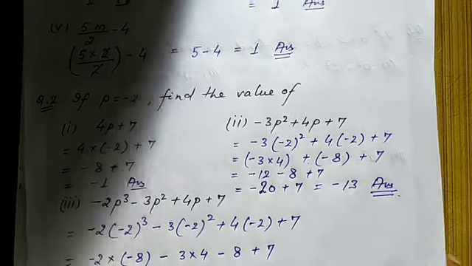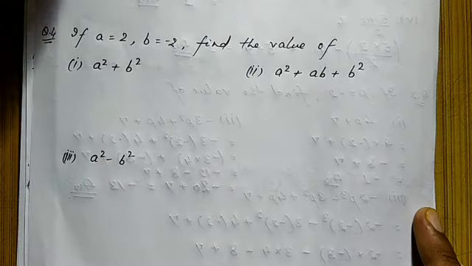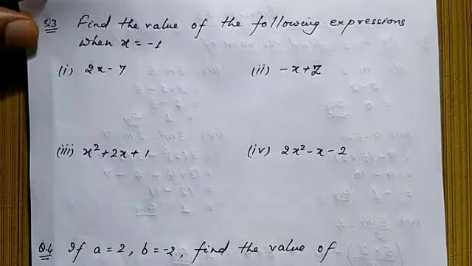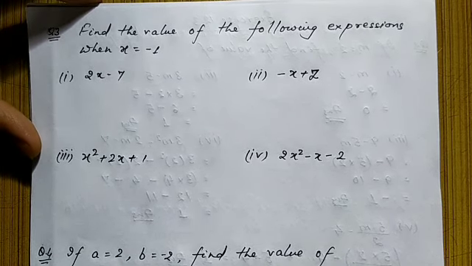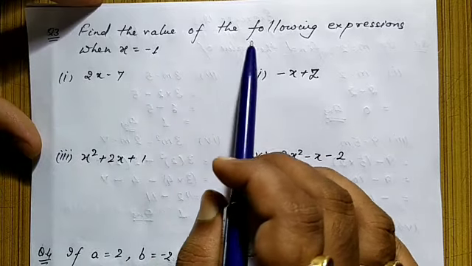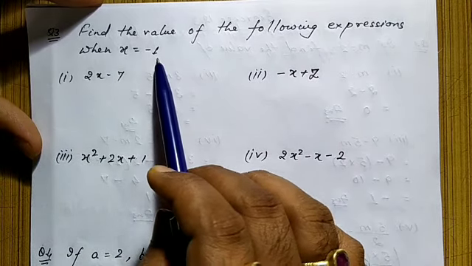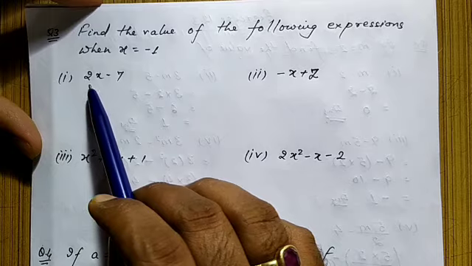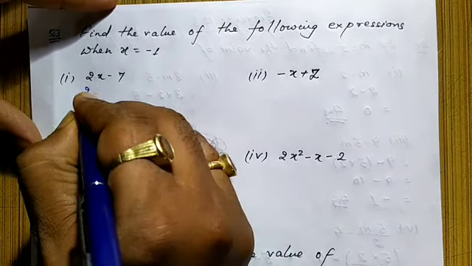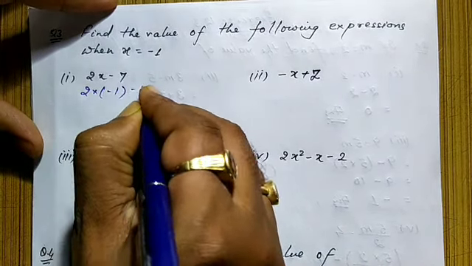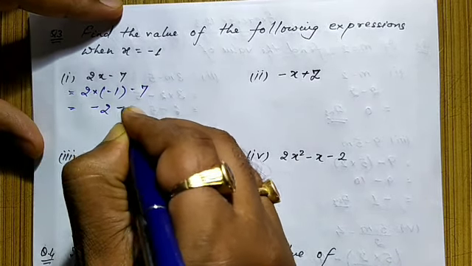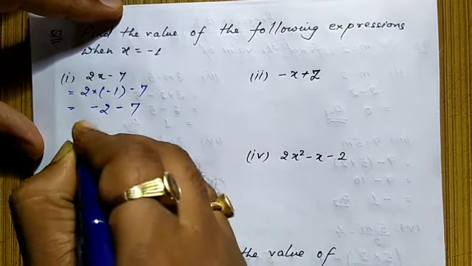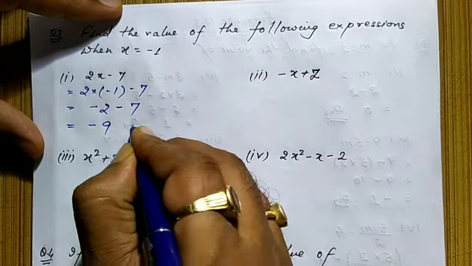Come to the next one, question number 3. Very easy, same procedure you have to do, only put the value. See here, find the value of the following expression when x is equal to minus 1, means you have to put x is equal to minus 1 in this expression. Okay, 2 into minus 1 minus 7, 2 into minus 1, this will become minus 2, minus 2 minus 7, that will become minus 9.